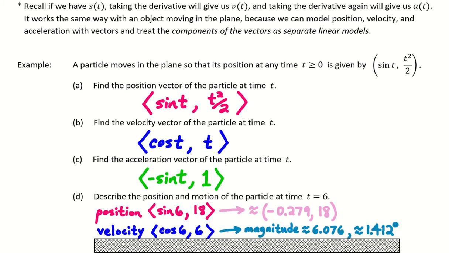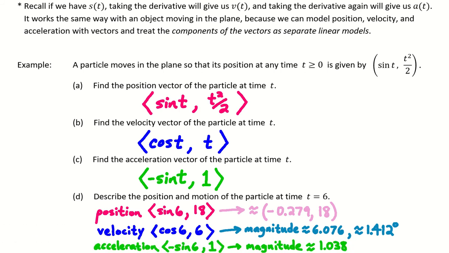And then when we plug in 6 to the velocity, and hey, taking it one step further, not just finding the velocity vector, but going ahead and finding the magnitude, and the same with the acceleration. That actually makes sense now that I think about it. To properly describe the motion, we would find the magnitude, the Pythagorean theorem gimmick of this velocity. So the velocity is 6.076.